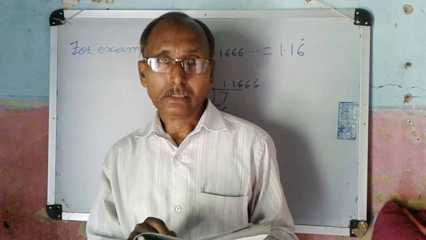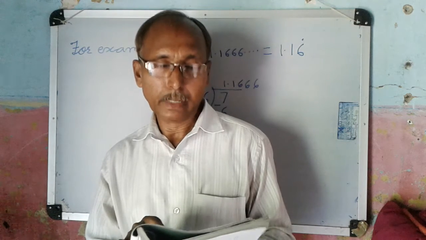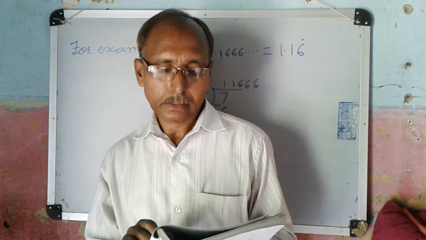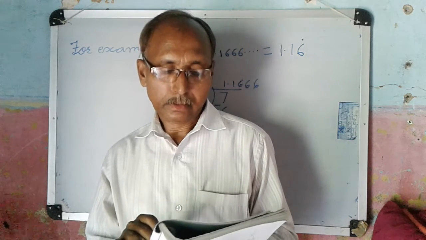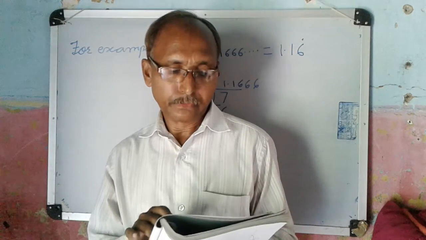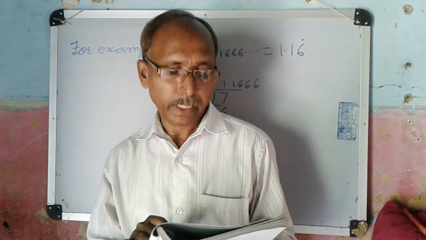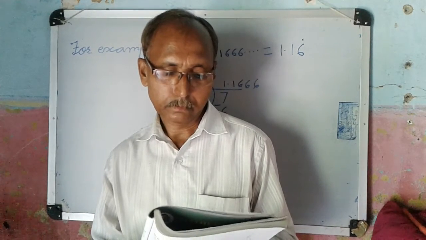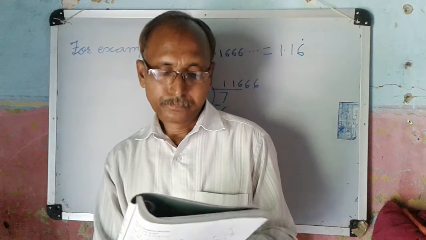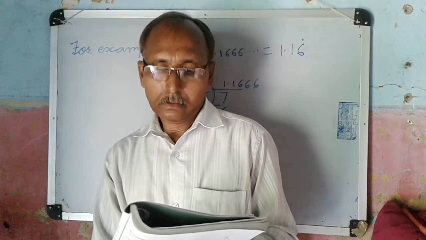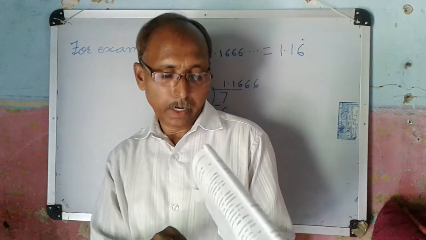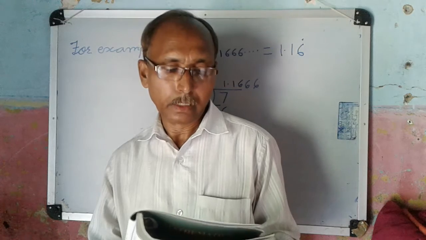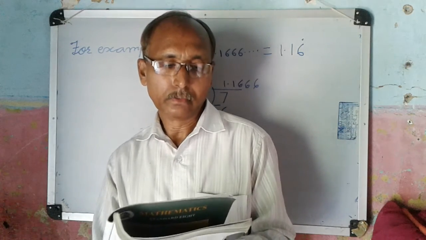The same digit in the quotient, or the group of same digits, is recurring, and that is why this form is called non-terminating recurring decimal form. So in this way, we can write all rational numbers in the form of non-terminating recurring decimal form.